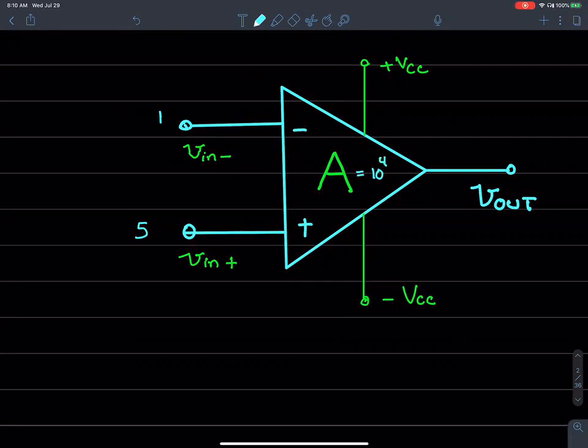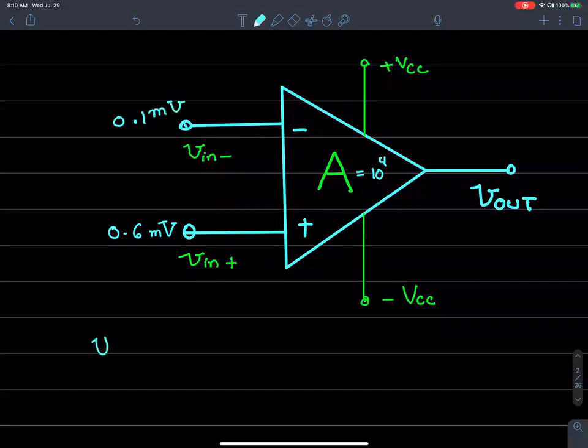Okay, and this number is, let's make this number really 0.5 millivolts. Okay, since we're randomly picking these numbers, let's just do 0.1 millivolts. What would be the output in this case?